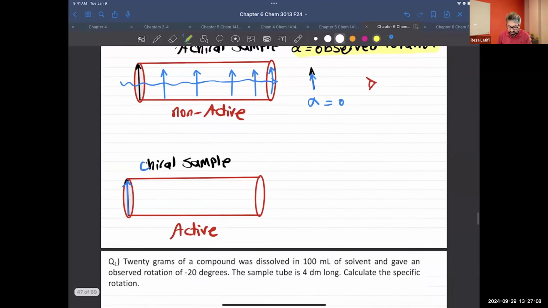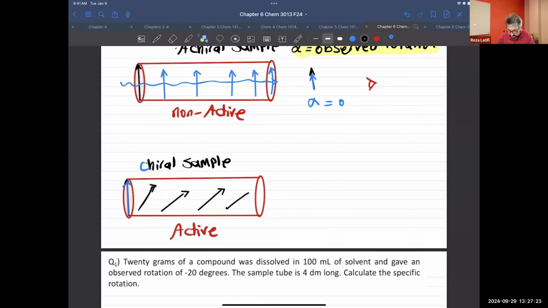But if it's chiral and you send light to it, you will very soon see a change with the direction of the light. Say it started from here, and I'm going to see some rotation. When I put my eyes somewhere there and look at it, I will see the starting point, for example, here, and the end point there.